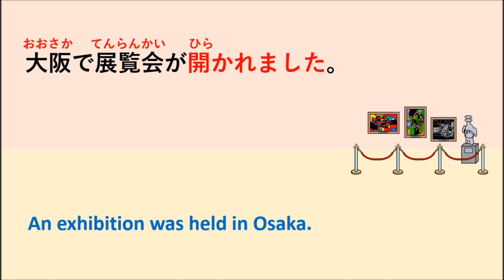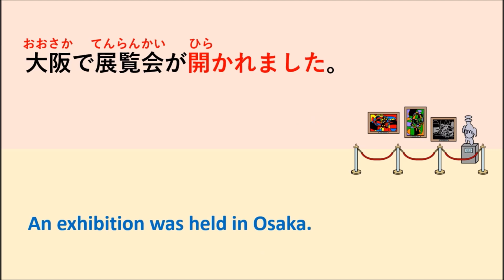So sometimes when we don't want to say who takes the action in the sentence, we can use the passive verb in Japanese like hirakaremashita. So for the person we don't say ni, right? Osaka de tenrankai ga hirakaremashita. This means it was held in Osaka, but we don't mention the person who took the action in the sentence.